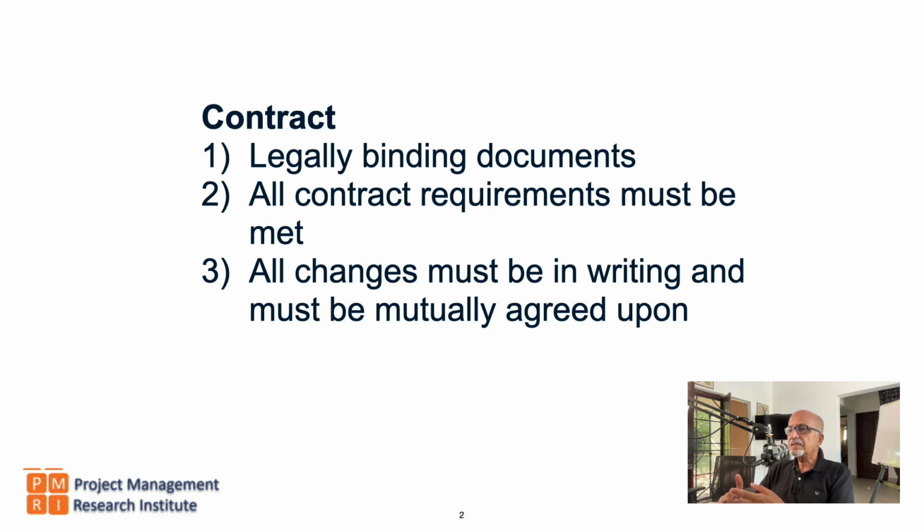Both the buyer and the seller are supposed to adhere to the contract, and if there is a deviation from the contractual obligations, then that is valid in the court of law.